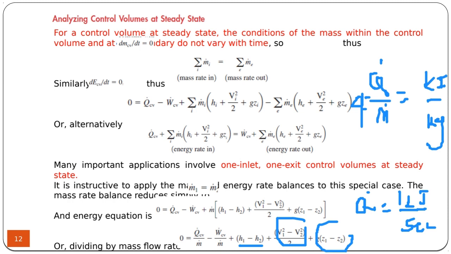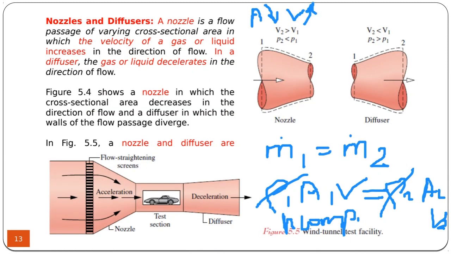Because the kinetic energy is increasing, it requires that the enthalpy must be decreasing. In the enthalpy, you remember that you have U plus PV. So enthalpy is equal to U plus PV. If the temperature is constant, the change in the internal energy becomes zero.